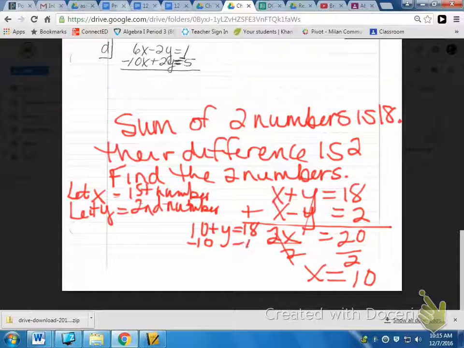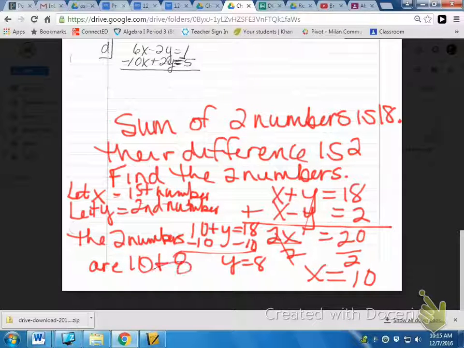Subtract 10, y is 8. So find the two numbers. I would say the two numbers are 10 and 8. Can you do that? They might have a few other word problems where you write the equations and they're going to turn out to be very similar to what we just had.